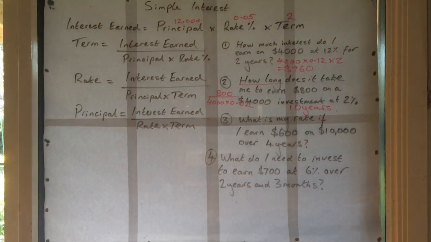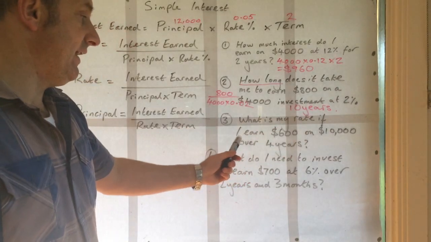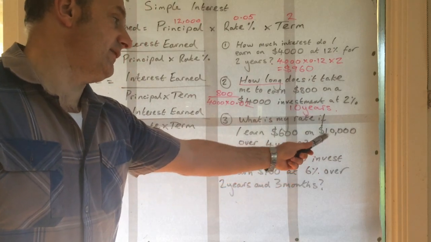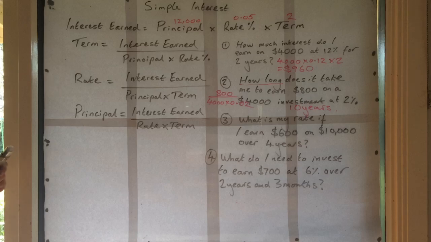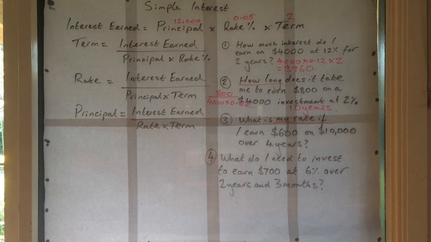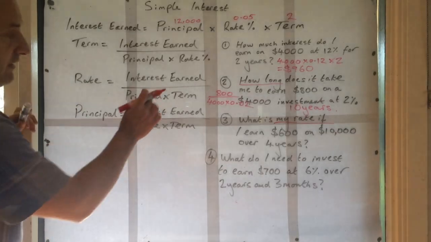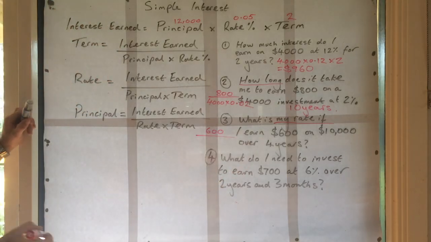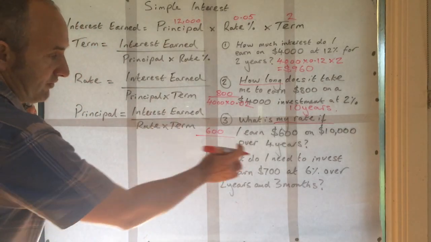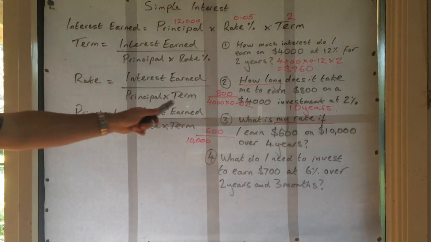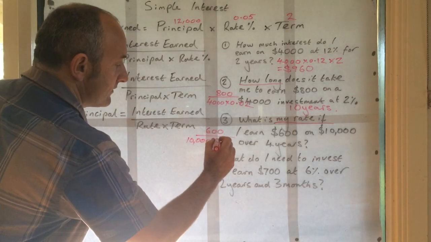Next one. What is my rate if I earn $600 on a $10,000 investment over 4 years? This time, what percentage am I earning? So we're going to use this one here. We do the interest earned, which is $600, over 10,000, my principal, what I invest, times the term, 4 years.